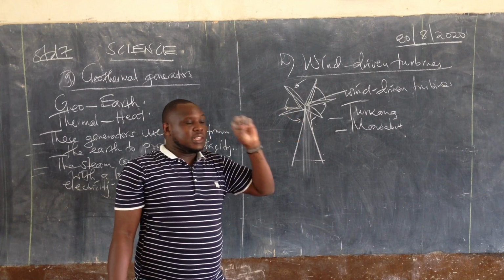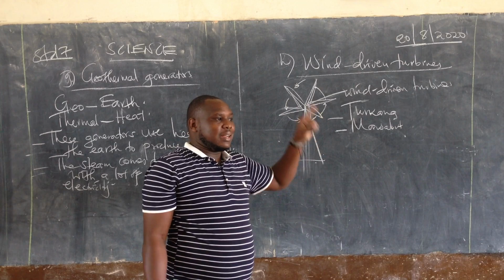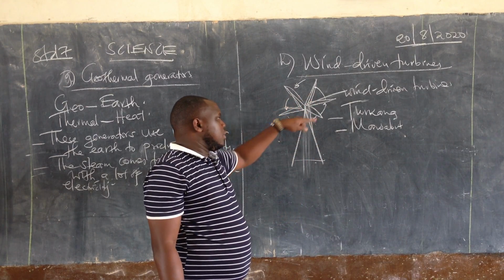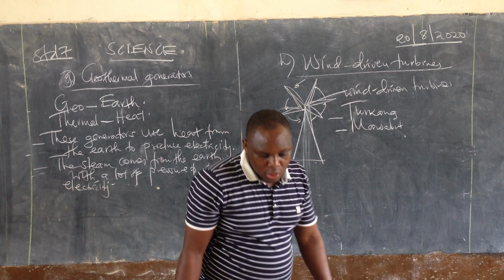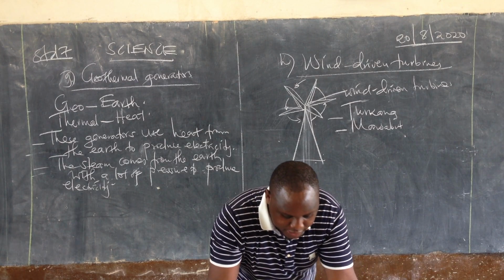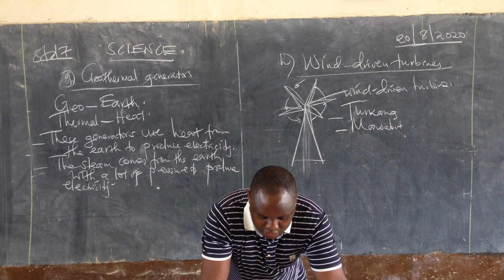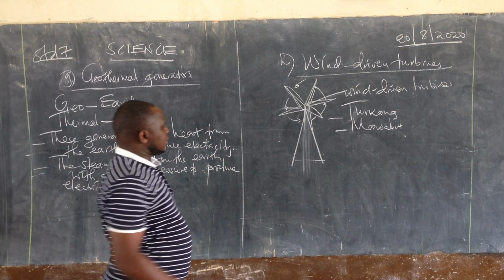So wind is a good source of electricity if utilized by having those turbines erected. So whenever there is wind, they are going to rotate these turbines to be able to produce electricity. So these are generators which can produce large amounts of electricity. A fan driven by the wind to rotate the generator that produces electricity. So that is all about the wind-driven generators.